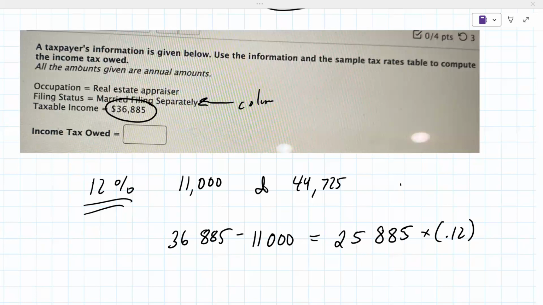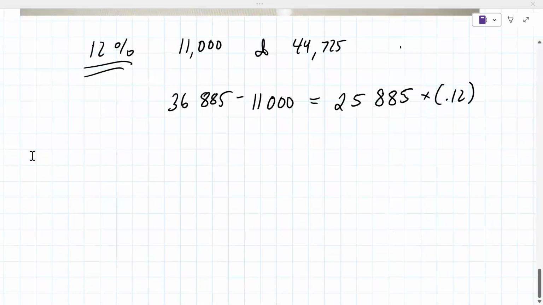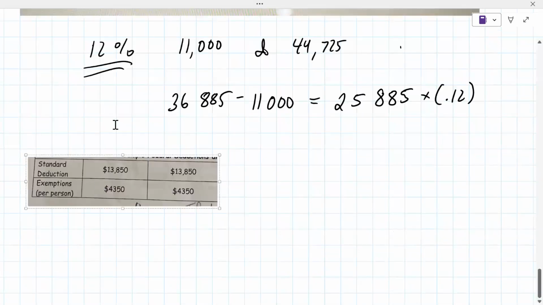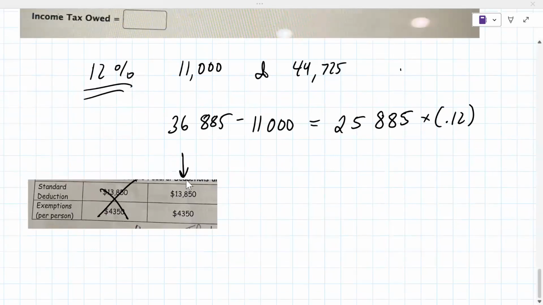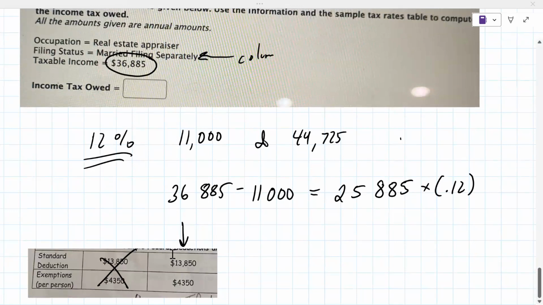Let me just snip it in. There's this standard deduction. So we're in this column right here. What that typically allows you to do is subtract from your taxable income. Your taxable income is this amount I've circled here, but you're allowed to take out a deduction, which lowers your taxable income.